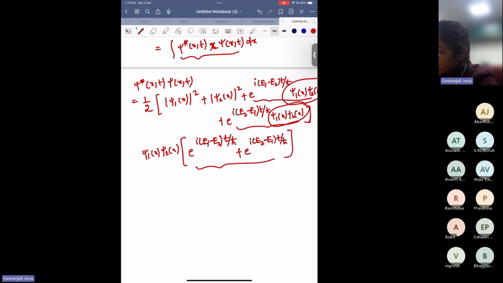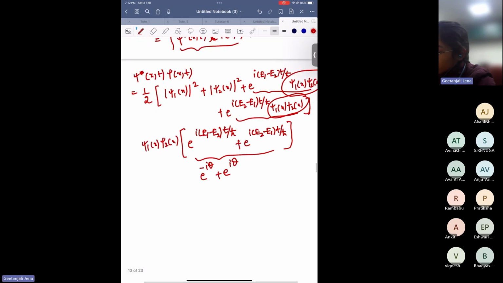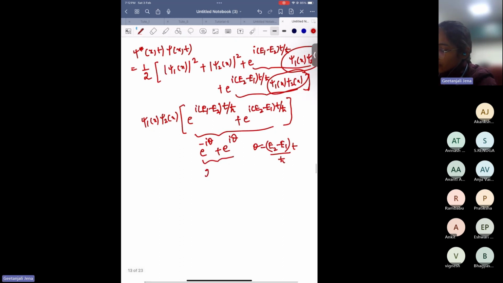So this is like e to power minus i theta plus e to power i theta, where theta means (E2 minus E1) t by h cut. So what is this term? This is nothing but 2 cos theta.